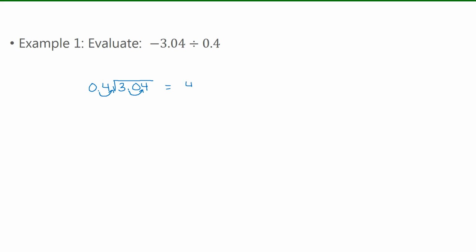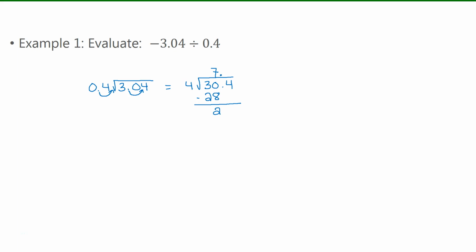What we end up with is 4 into 30.4. Now, 4 doesn't go into 3, but it can go into 30 7 times. 4 times 7 is 28. Subtracting 30 and 28 is 2.